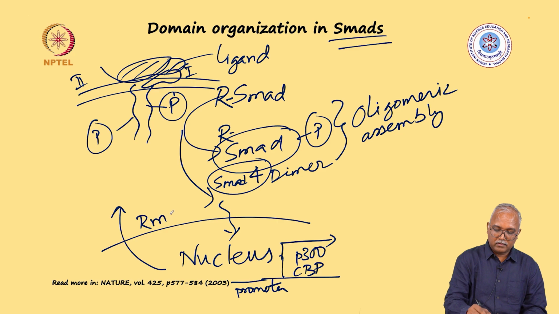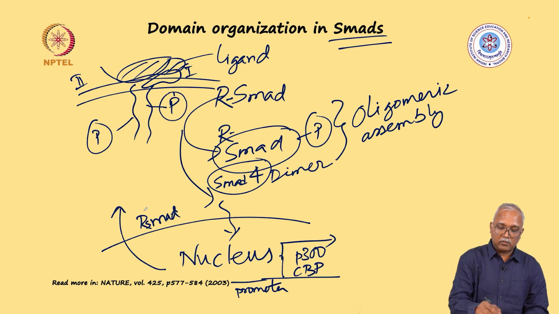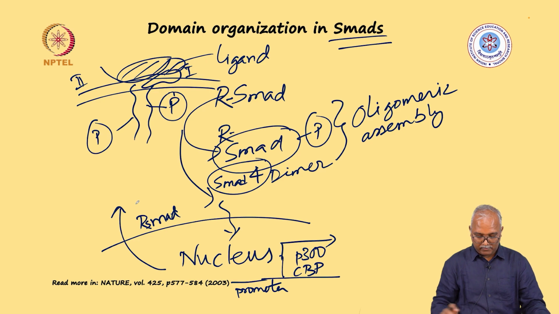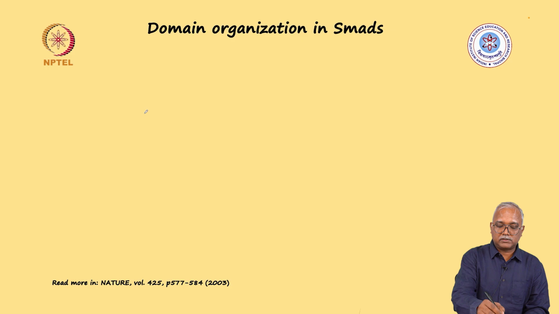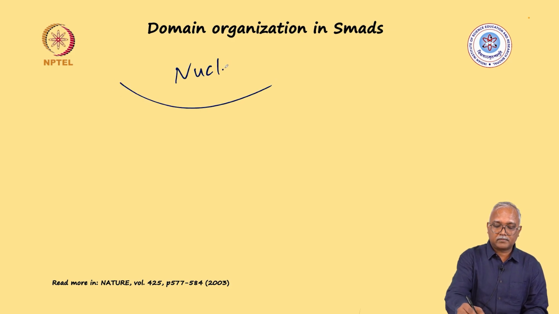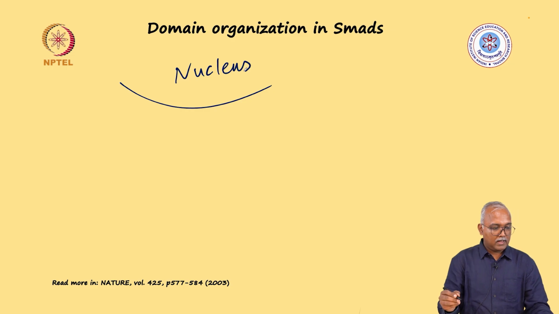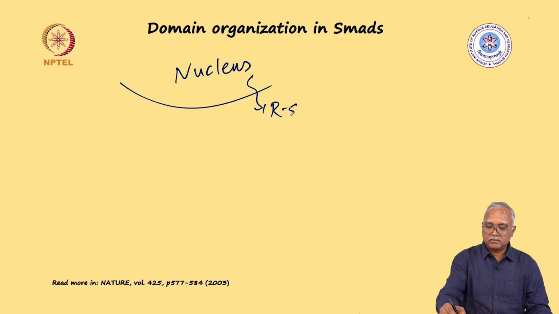R-SMAD must undergo dephosphorylation and thus moves out. And here is how the entire signaling will be regulated. Consider a scenario where we are looking at the nucleus here, and the R-SMAD has come out of the nucleus, and this is dephosphorylated.